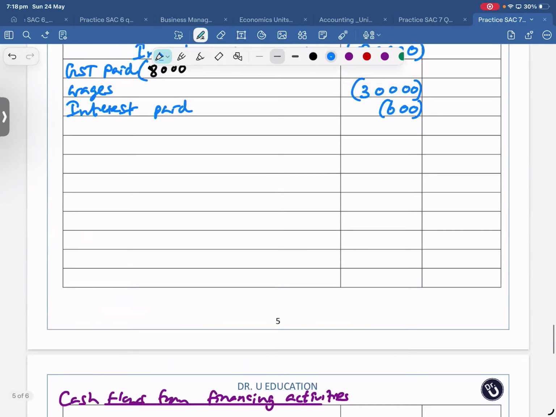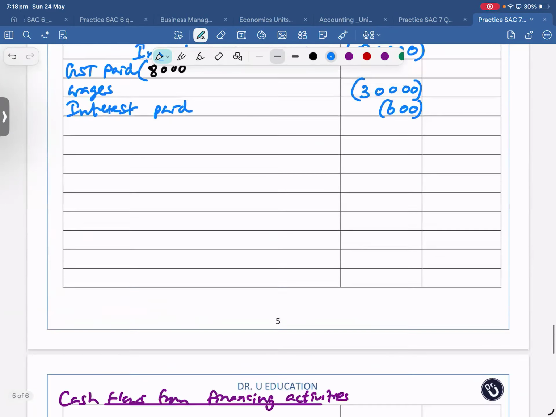Right. Next one, guys. Loan repayments are made quarterly. But I haven't given you the loan repayment. How do you figure it out?